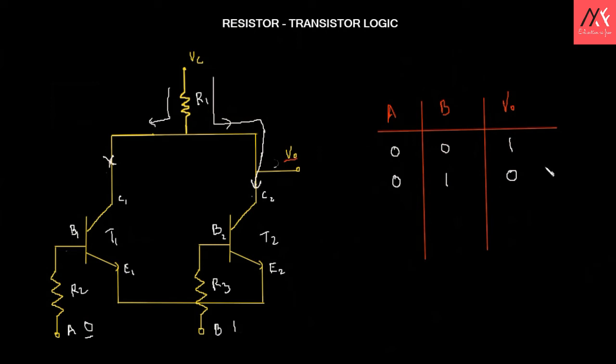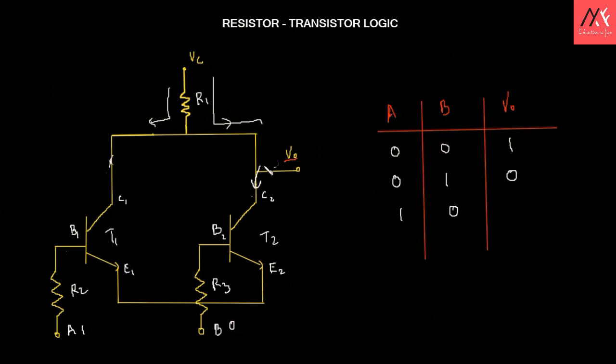The next possible combination is 1 0, right? So we can change the inputs here in the bottom, 1 0. So A is 1 and B is now 0. Since A is high, or A is kept at 1, or A is true, or whatever you call it, the base of the transistor B1 will be at the conducting state.